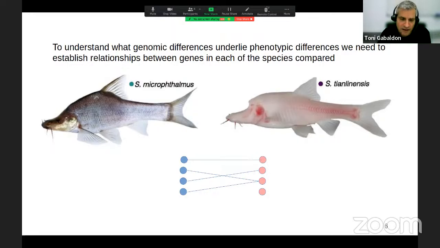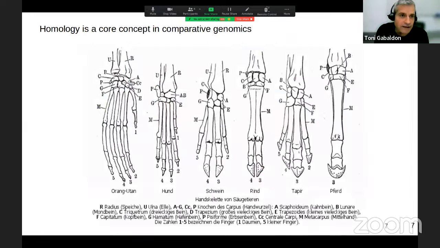And this brings me to the old concept of homology that we use to classify genes that belong to the same family. So I will go back and remind that homology is a core concept in comparative genomics, but it's a concept that we inherited from comparative anatomy.